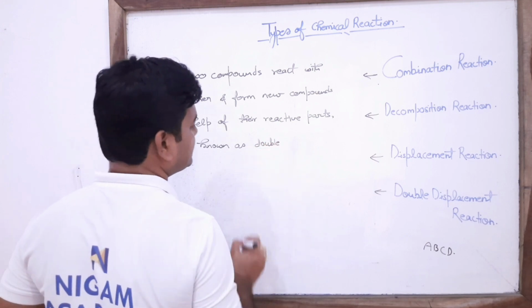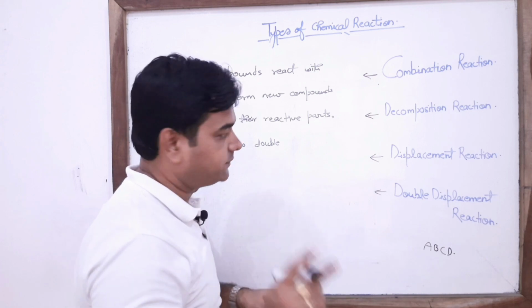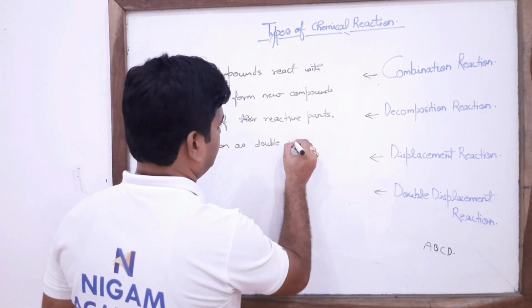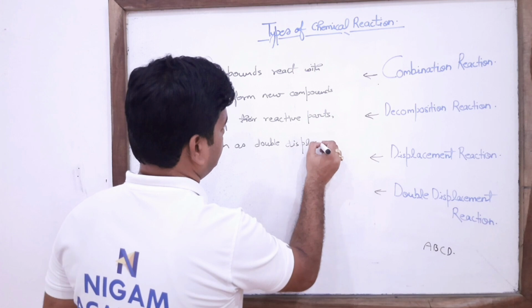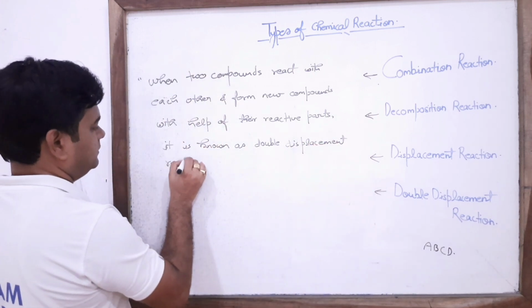Why double displacement reaction? Because the process of displacement is happening two times.